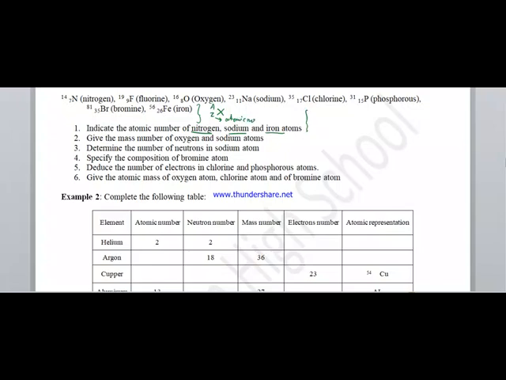So, in part 1, the atomic number Z of nitrogen is equal to 7. For sodium, it is equal to 11. For iron, Fe, the atomic number is 26.